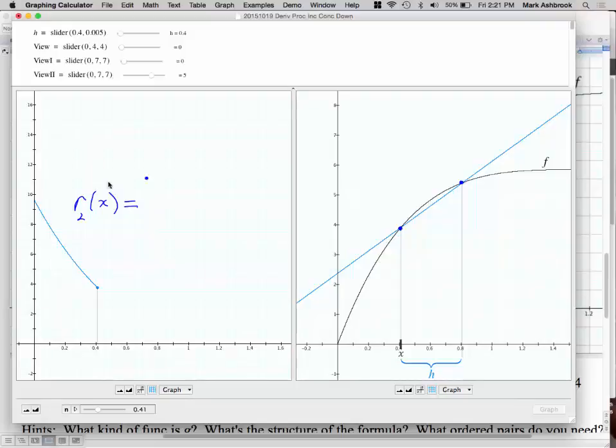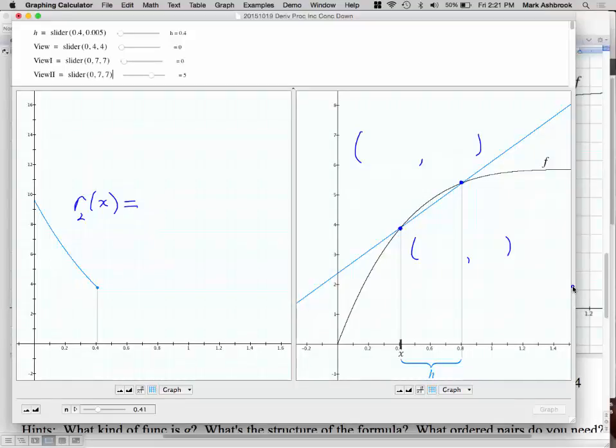So where do we start? We need the coordinates of these points. What are the coordinates of those points? Where is x in relation to this interval? Write down the coordinates of the points.